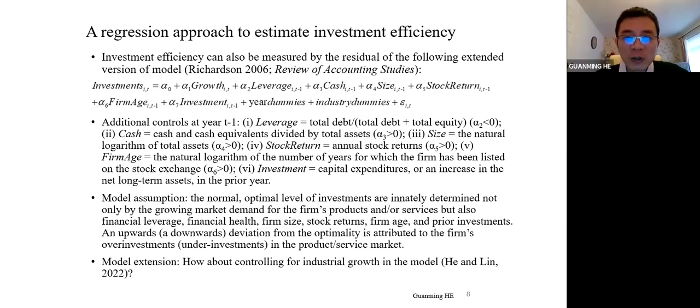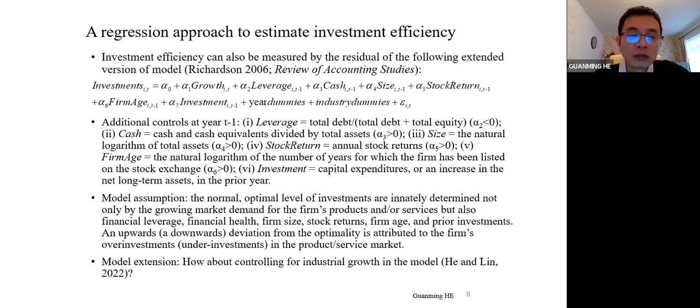So collectively, we take into account all the possible major determinants of the investment and estimate the fitted value of the investment level and use this fitted value of the investment level as the optimal level of investment that should be made by the firm.